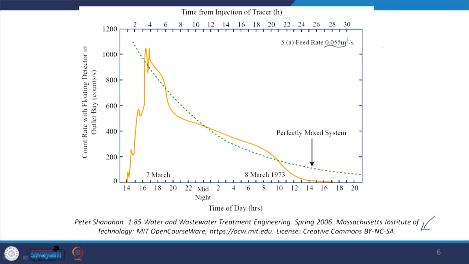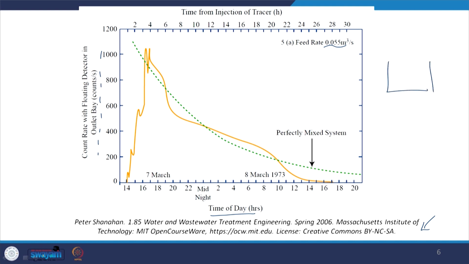So, if it was an ideal, perfectly mixed system, what should happen? Immediately everything should be diluted. So, let me explain the graph here so that we can go through the relevant data. On the x axis we have the time in days, right. They started on 7th March at around 12 noon, and then we have the concentration of the tracer in the outlet on the y axis.